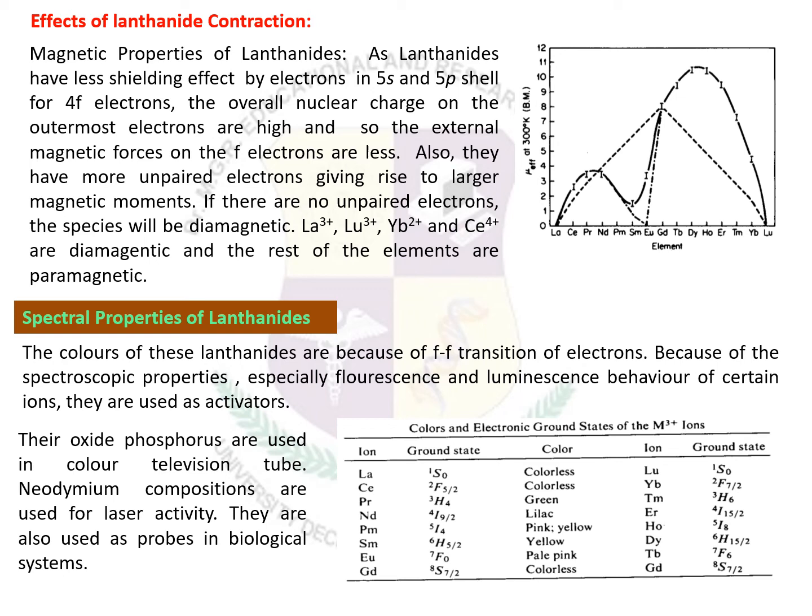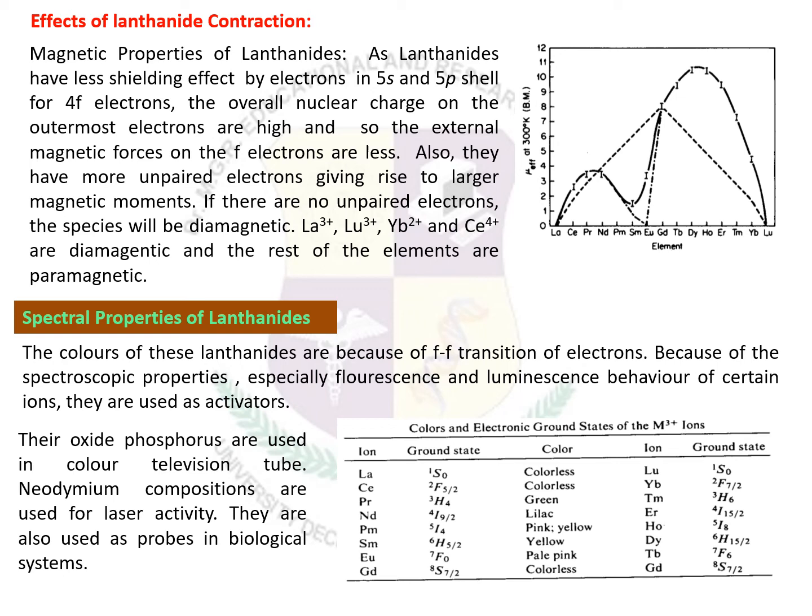The next one we are seeing is the spectral properties of lanthanides. The colors of these lanthanides are because of f-f transitions of electrons. Because there are more electrons in the f orbital, transition is going to take place, and because of the transition, the atom or the ion will have a fluorescence or luminescence character.